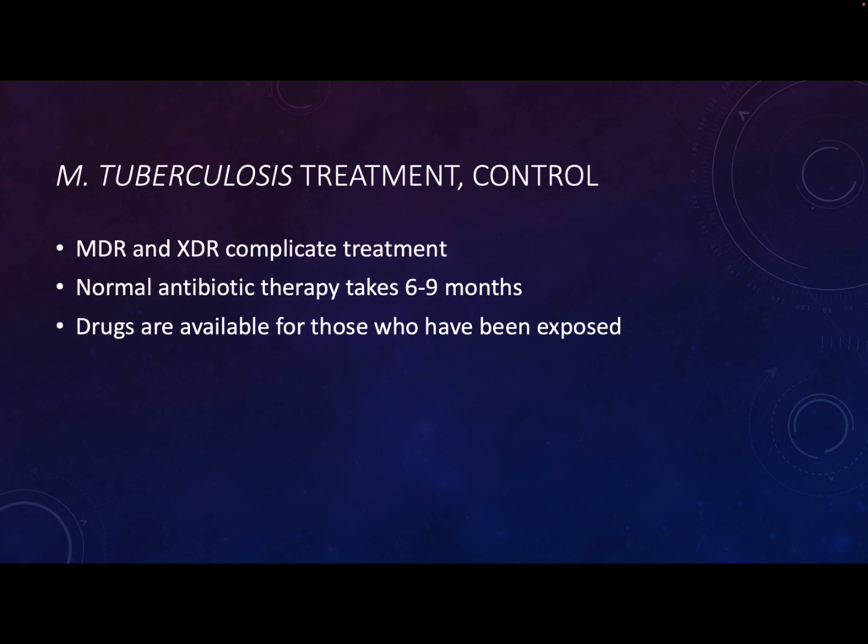People can't be bothered to take their birth control regularly. They're not going to take their antibiotics regularly. You can't drink, right? There's a lot of stuff you can't do when you're taking antibiotics, and when you have to take antibiotics for that long, compliance wanes a little bit.